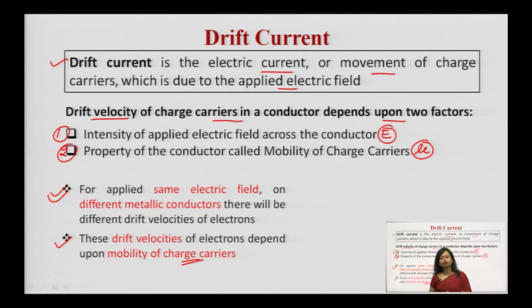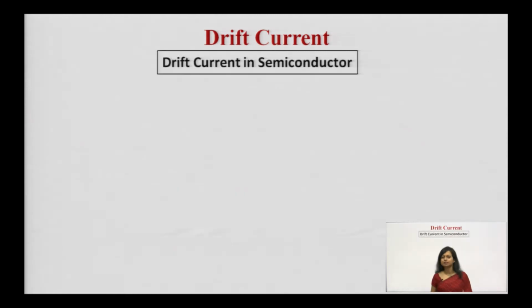The mobility of electrons may not be the same as the mobility of holes. So, from the mobility of electrons and the mobility of holes, you can calculate the drift velocity of the electrons and holes.